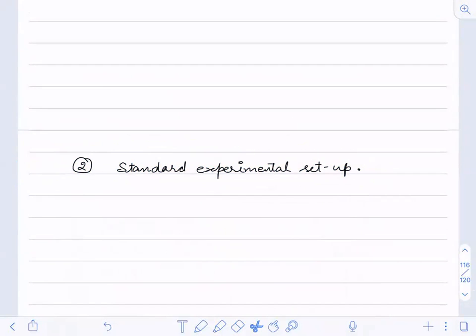Okay, so we are going to see this standard experimental setup. In this, I have already told you that we will study two things. One is about the meter bridge, and second, we will be studying about the potentiometer.